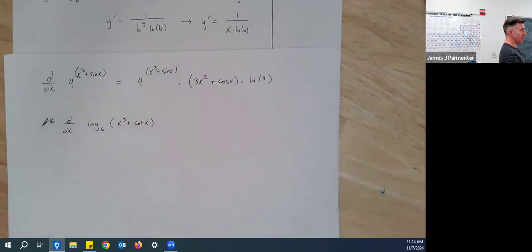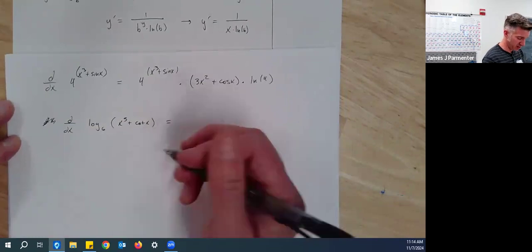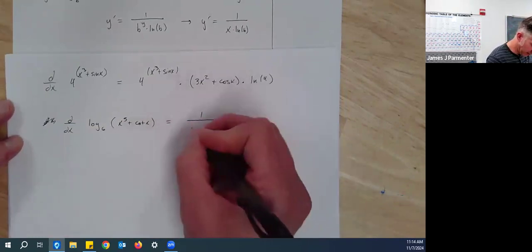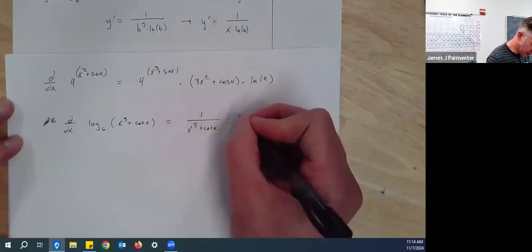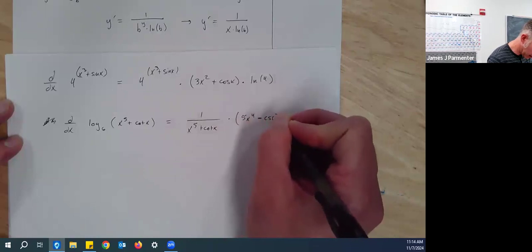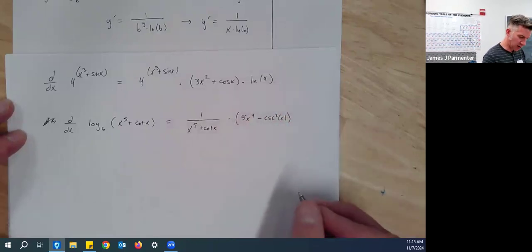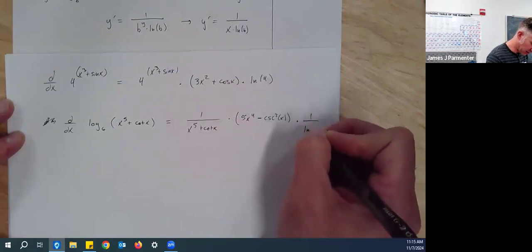So if I have a base 6 there, I'm just going to throw in a natural log of 6 in the denominator. I'm going to write this in kind of a terrible way because it's the way I think of it. It's 1 over my stuff times the derivative of the stuff, which is going to be 5x to the 4th minus cosecant squared of x, and then divided by natural log of 6, or multiplied by 1 over natural log of 6.